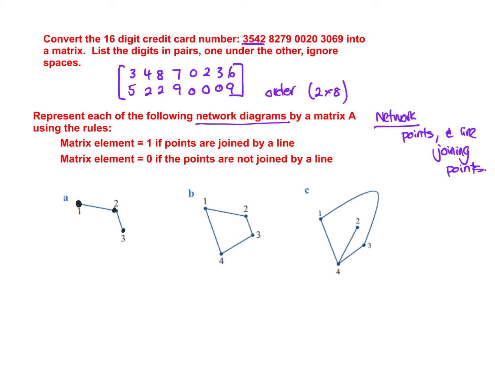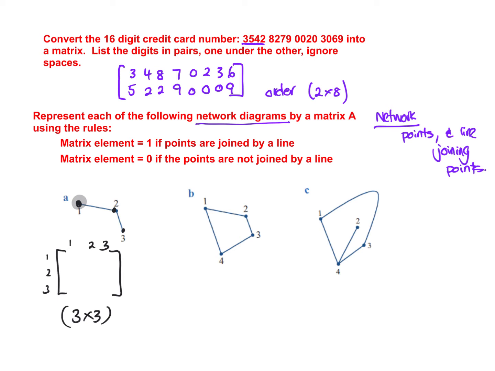Because there are 3 points here, this one's going to be a 3 by 3. So it's like 1, 2, 3 and 1, 2, 3. Now I'm going to say I'm at 1, and how many lines go from 1 back to 1? There's none that just loop around.